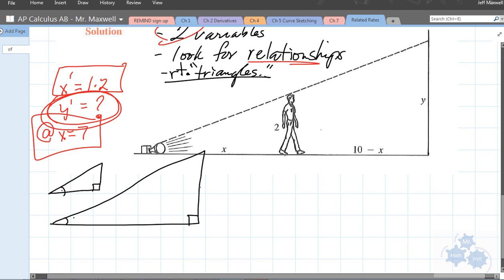Which means that the ratio of corresponding parts are equal. So that means that if they're similar triangles, the ratio between this one and this one will be the same as between this one and this one. So if this triangle was twice as big, let's say, then each side would be twice the length of its corresponding side. So you could look at it like that, and that's going to be the easiest way to do this question.